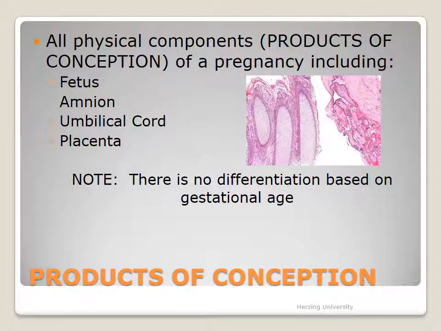In the obstetrics section of ICD-10-PCS, the codes are used to build procedures performed on the products of conception. The term products of conception is defined as all the physical components of a pregnancy and includes the fetus, embryo, amnion, umbilical cord, and the placenta.